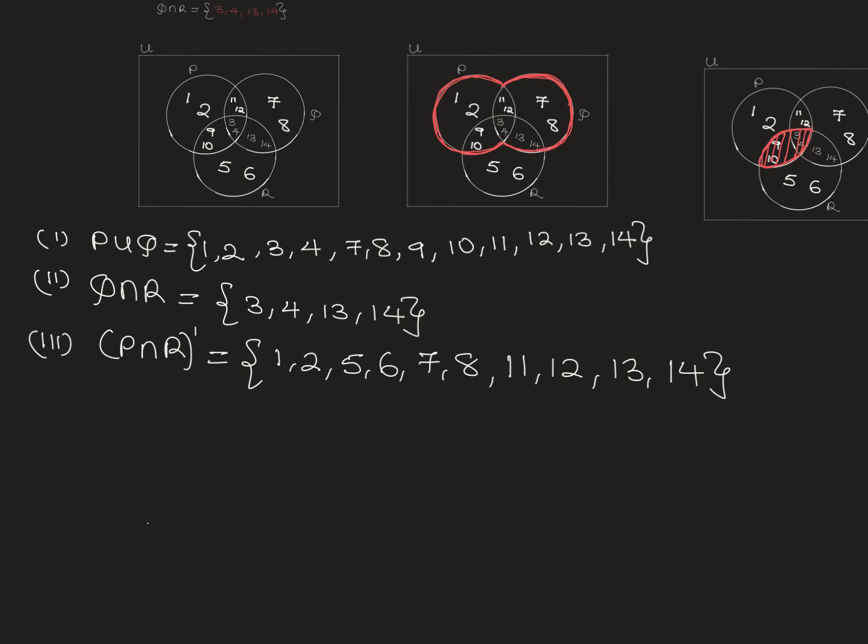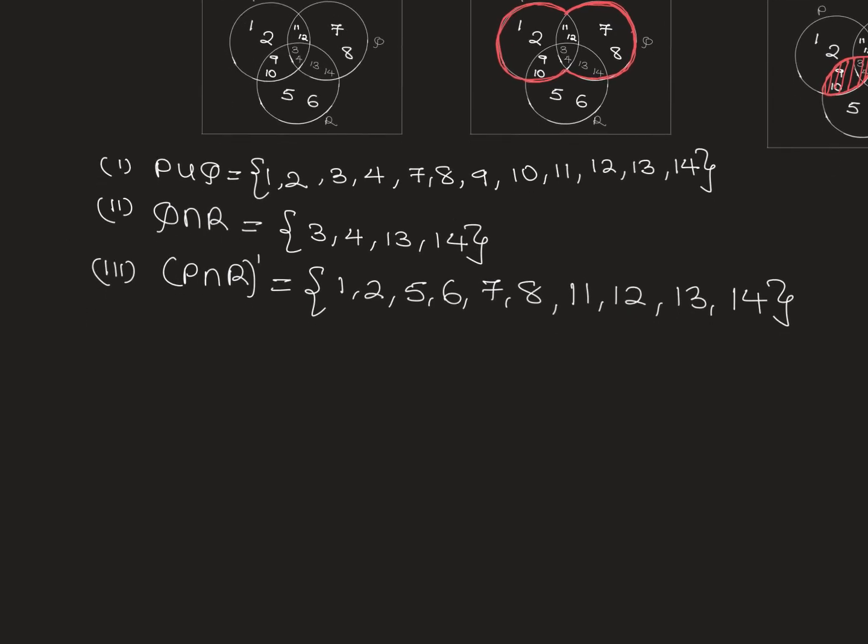So identify P intersection R first. When you exclude those members, whatever you have remaining will be P intersection R all complement. And the members are 1, 2, 5, 6, 7, 8, 11, 12, 13, and 14.